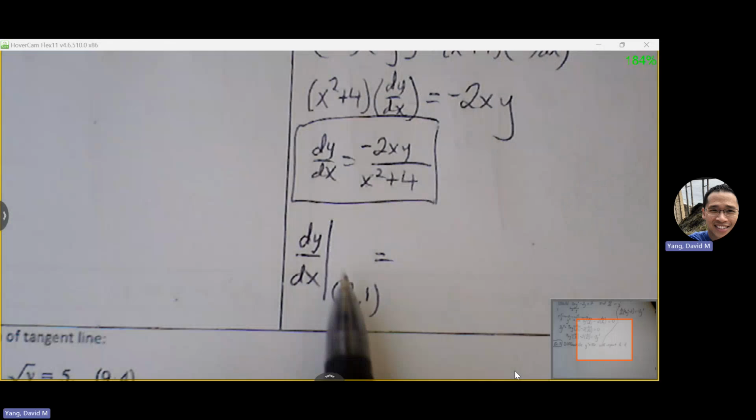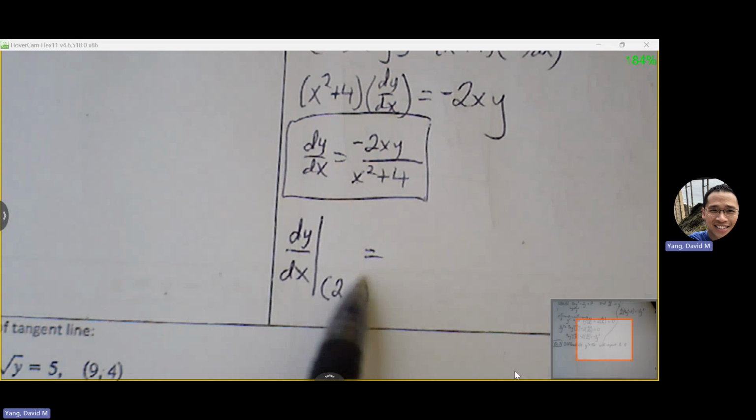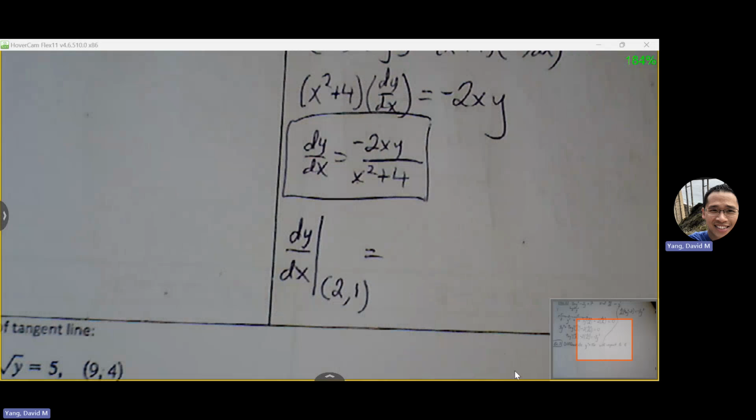That just indicates that I want to insert my full ordered pair into the derivative. It's basically my implicit version of saying f prime of 2, but it requires a full ordered pair. So that's why it looks a little bit strange with that (2, 1).